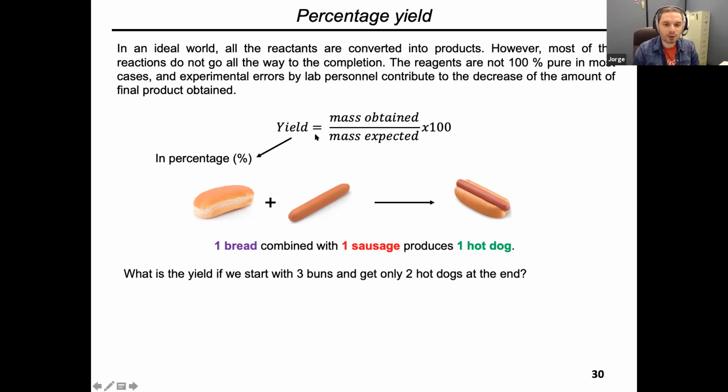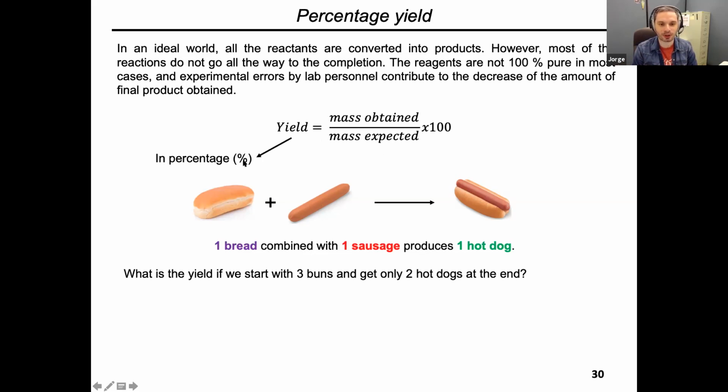The yield of product produced in any chemical reaction is going to be equal to the mass obtained, so the mass you obtained in the real world, divided by the mass that is expected.